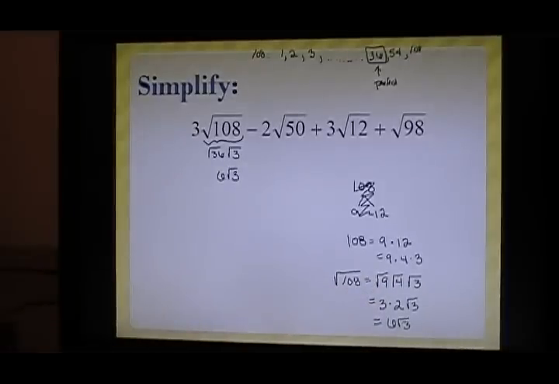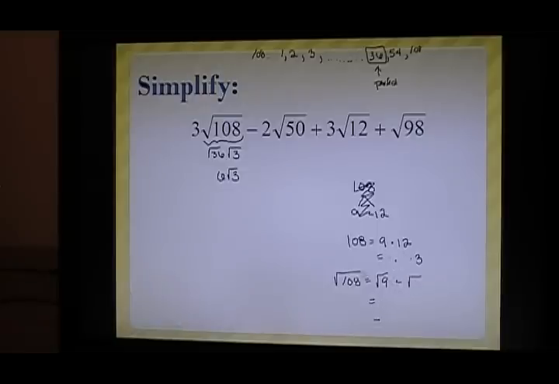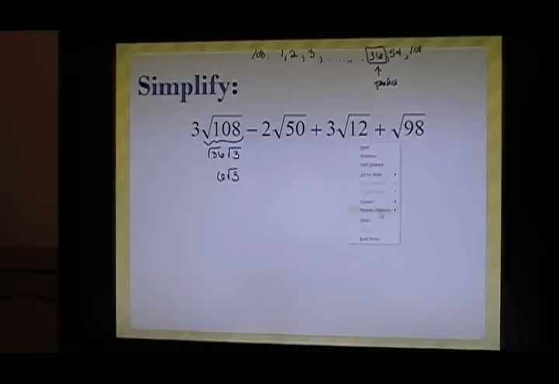And let's say, I can do this again. Let me erase that. Let's say instead of starting with 9 and 12, let's just say I started with 2 and 54.